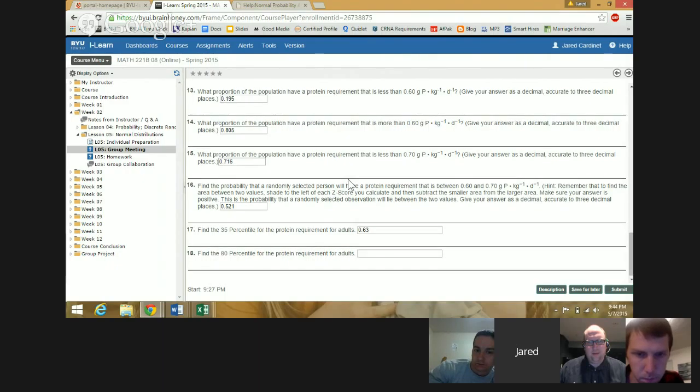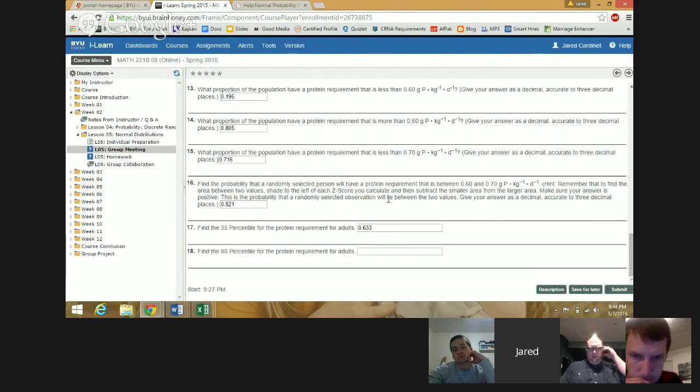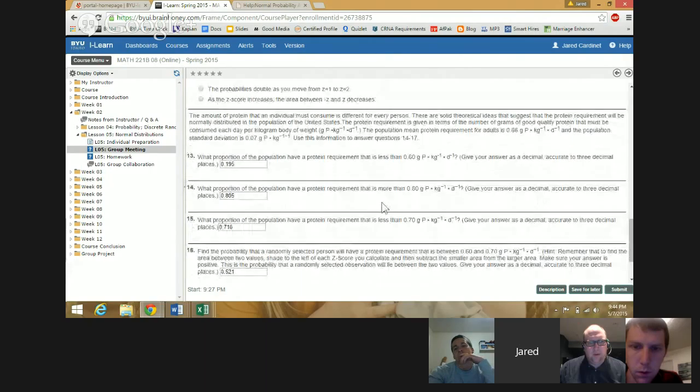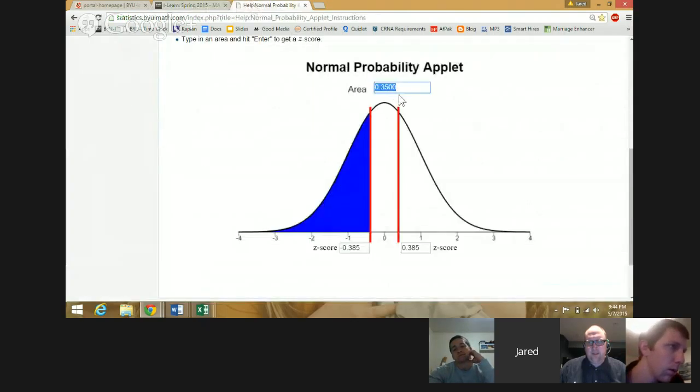Oh, it's percent? No, it's a value. It's protein we're talking about, not percent, because the percent is 35. And all the protein values are in 2 decimals, so keep it 2 decimals. And then 18. So we have 0.63, is that correct?